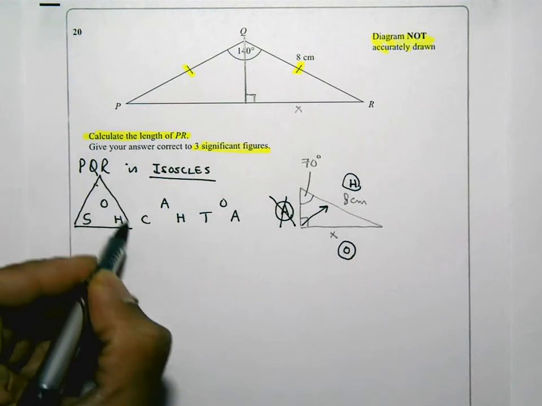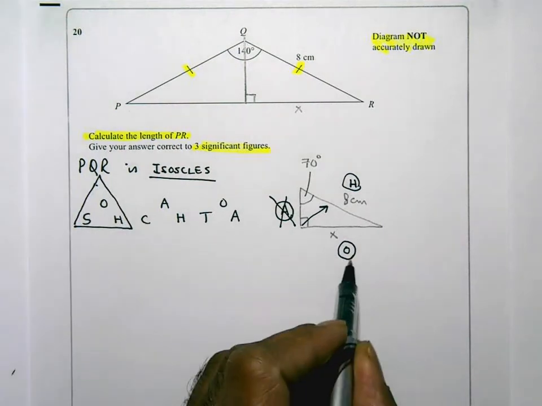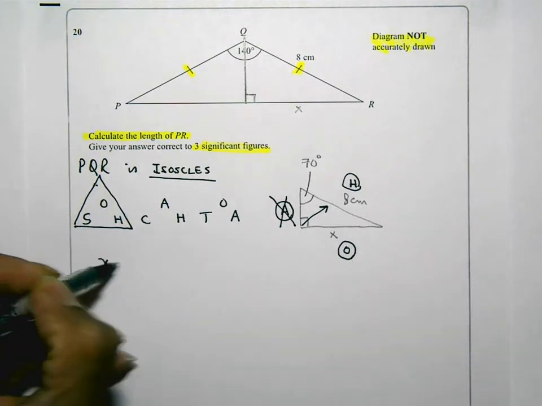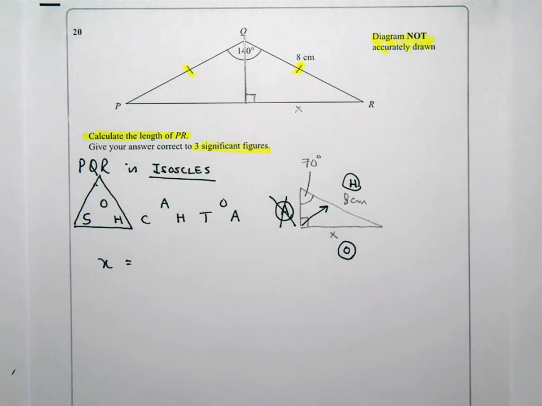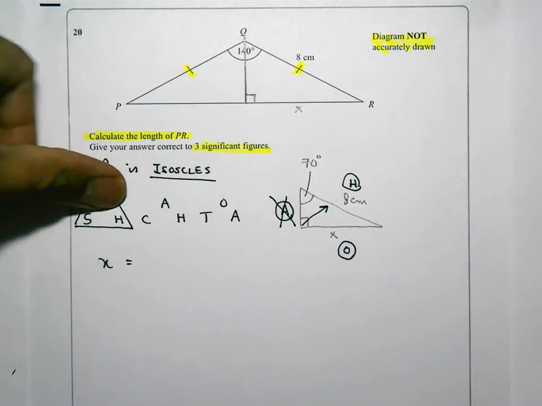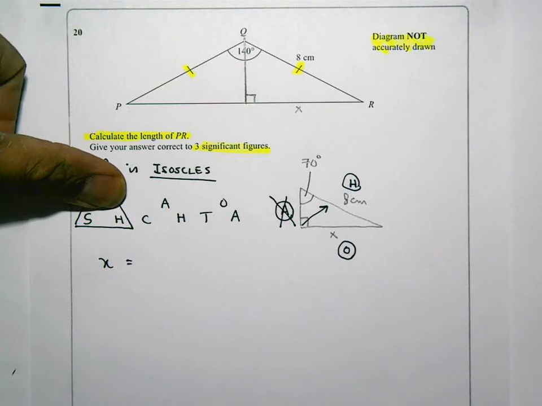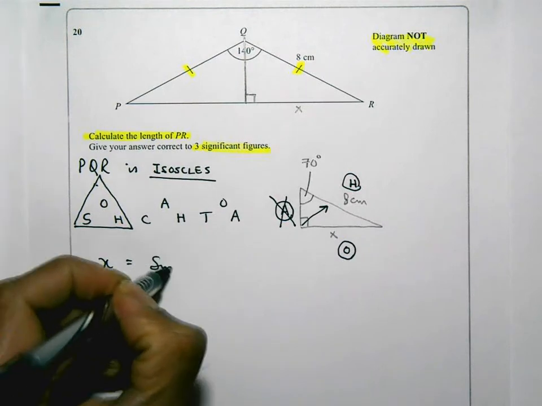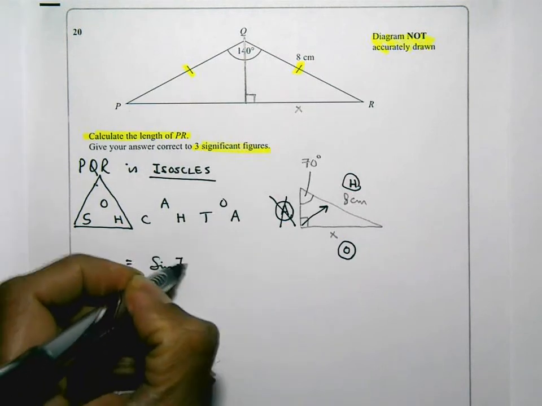Okay, I want to work out O, which is the opposite side. So X is going to be, that's what I want to work out, X, which is the opposite side. I'm going to cover up O. And because those two are next to each other at the same level, that means it's sine of the angle times the length of the hypotenuse. So sine of 70, and I'm going to times that by 8.